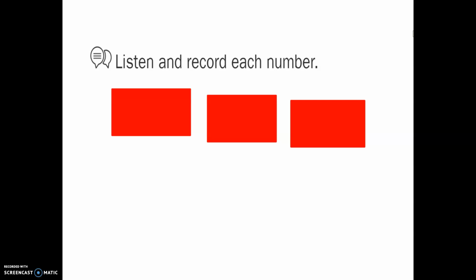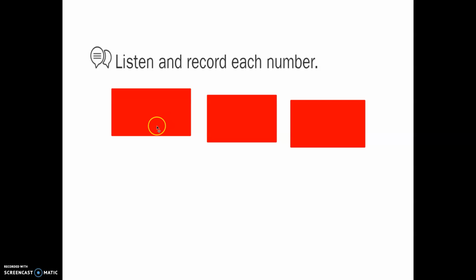I'm going to give you 3 bigger numbers to write down. The first one is 1,452. 1,452. The second number is 2,698. 2,698. And the last number is 2,097. 2,097.